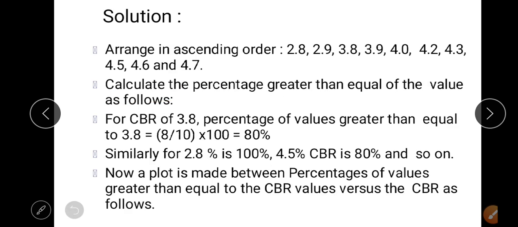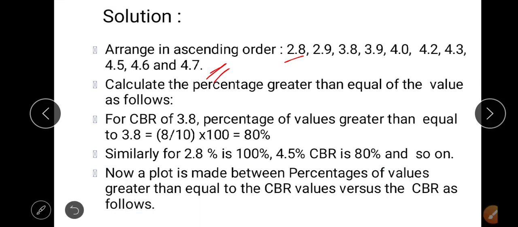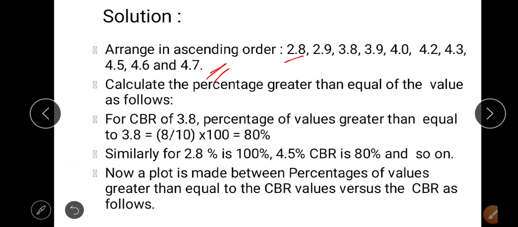Arrange in ascending order. Whatever data is collected, you put it in ascending order, from 2.8 to 4.7. 2.8 is the minimum value and 4.7 is the maximum value. We are putting them in ascending order.